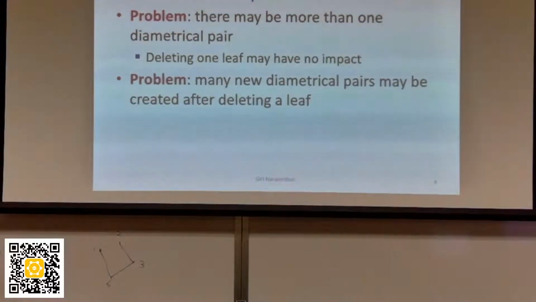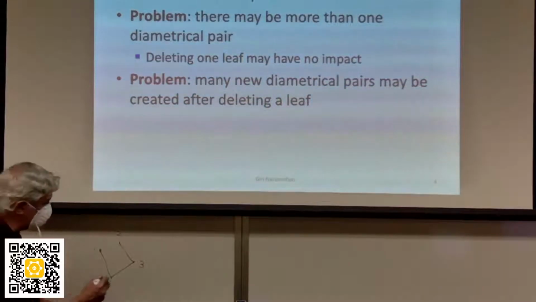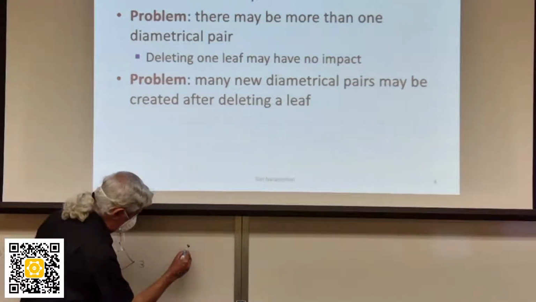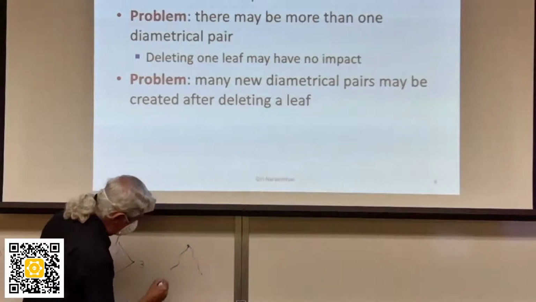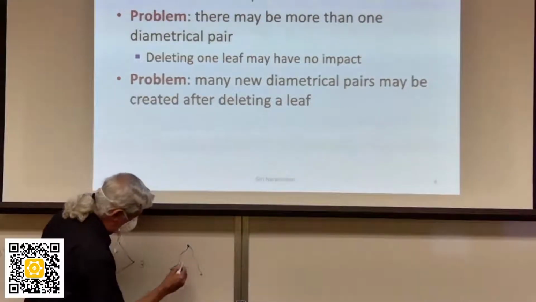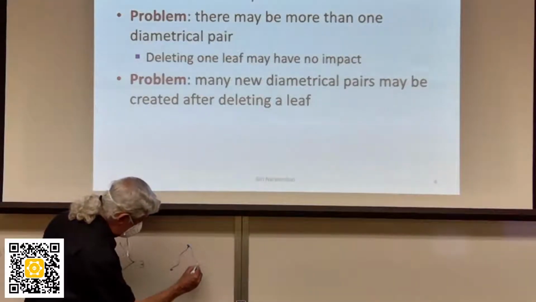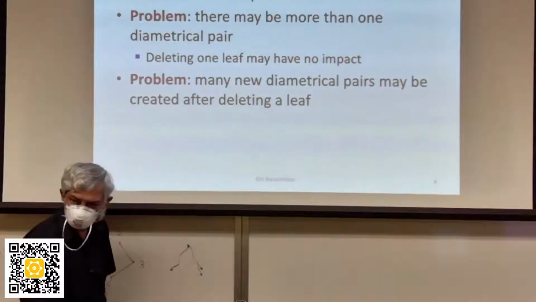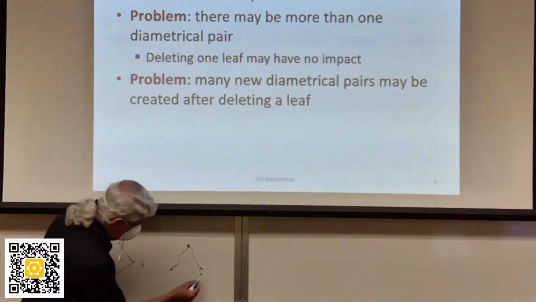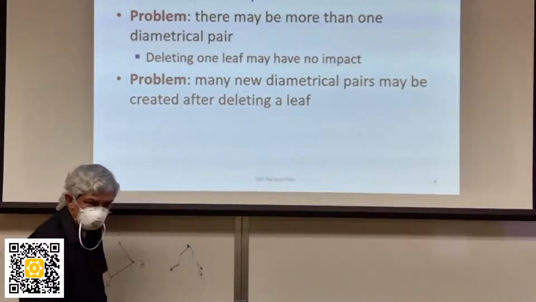For that, it really helps to think of this center thing, right? If you had a center vertex, here's the diametrical pair, and here's something else that's a little bit closer. Let's say you remove this guy.